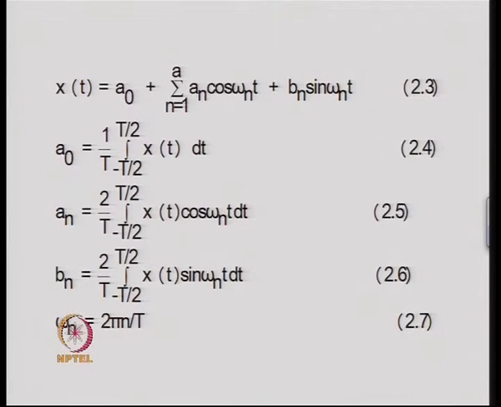The constant A0 is nothing but the average value of the function x(t), as shown in equation 2.4.